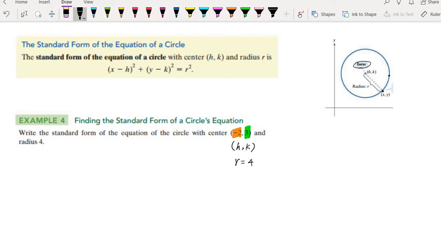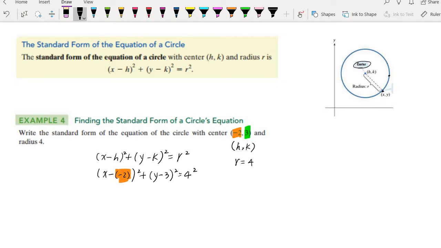Then I'm going to write down the formula and plug it in by substitution. That means that will be x minus h. Again, the h is -2, and then the whole thing squared, plus y minus k. Our k is 3, and then squared. Our r is 4, and then squared.